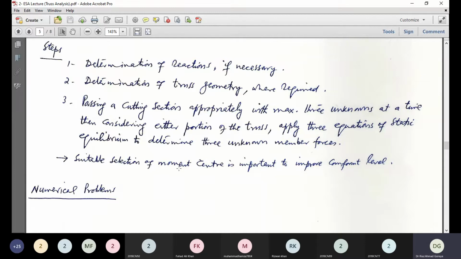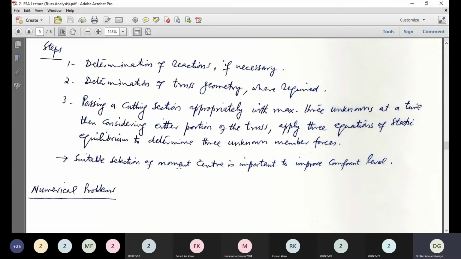And the third one is passing a cutting section appropriately with a maximum of three unknowns at a time, then consider either portion of the truss, either left portion or right portion. Apply three equations of static equilibrium to determine three unknown member forces.